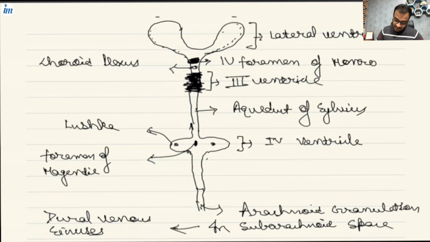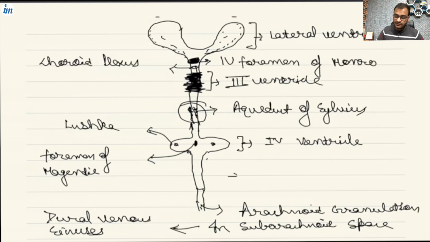From a clinical point of view, if there is an obstruction in the aqueduct of Sylvius, or in more medical terms aqueductal stenosis, stenosis means hardening due to deposition of anything. If there is aqueductal stenosis, we can understand from the diagram that the CSF coming down will get accumulated. If there is hardening, the flow will get obstructed. The CSF keeps on accumulating and is not coming down. Then the lateral ventricles and third ventricle will fill up with CSF.